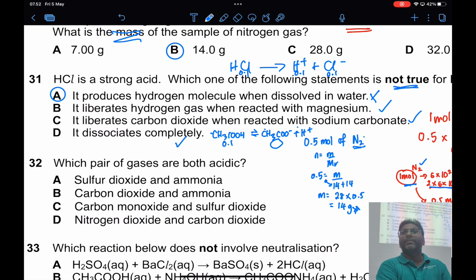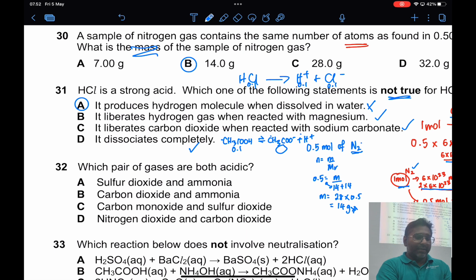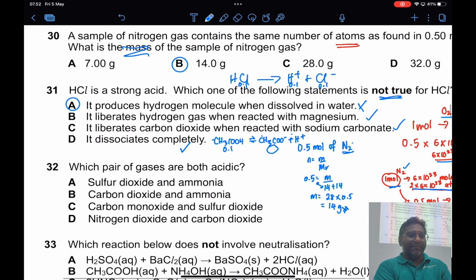Not true. This time they are very kind, they bold the 'not true'. But in the IGCSE and A levels, they do not bold the 'not true'. Even with the recent papers, when we set the papers for BBS now, we are trying to follow the syllabus, so we stop bolding that part.